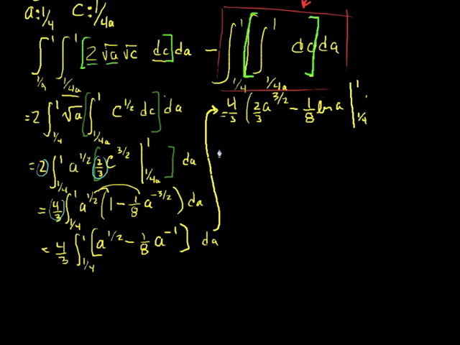All right, we're almost there, and you're going to see some terms canceling and getting very easy. So let's first evaluate at 1. We're taking 1 to the 3/2, that's just 1 times 2/3, so we have 2/3. And the natural log of 1 is just 0, so we get minus 0. Then we're subtracting off evaluation at 1/4.